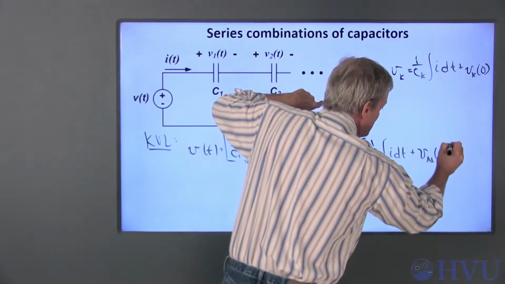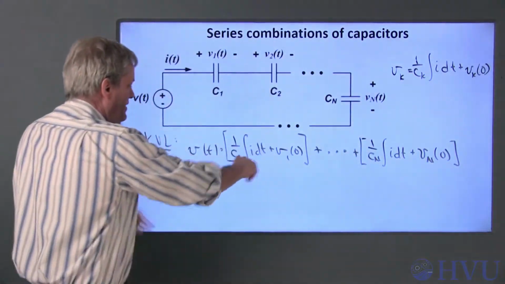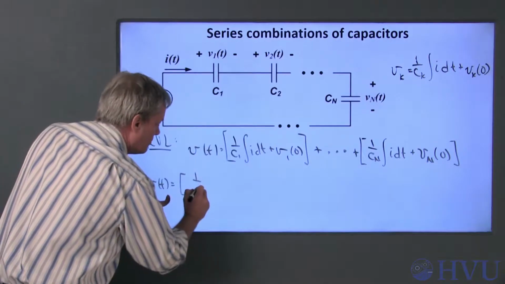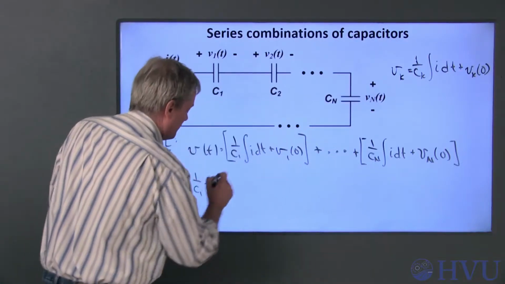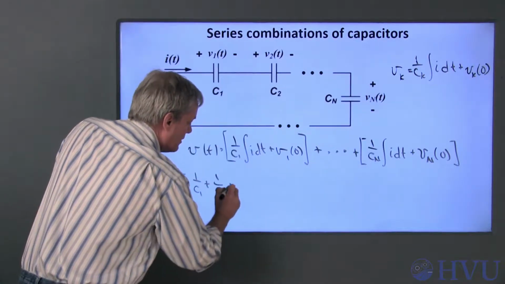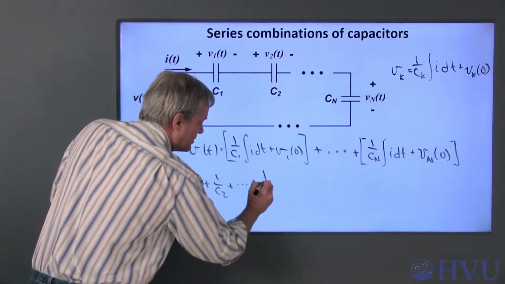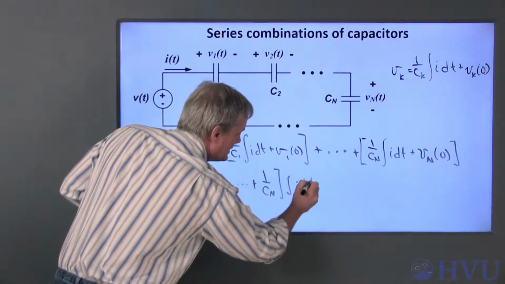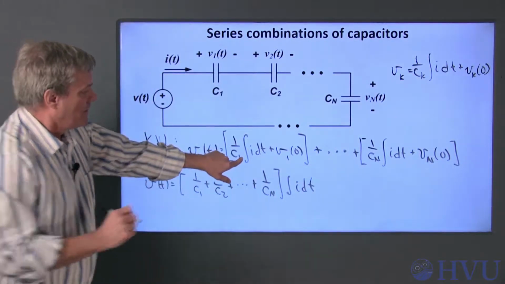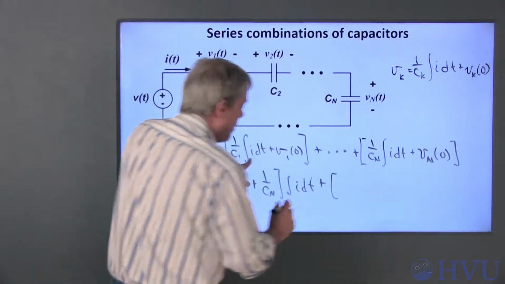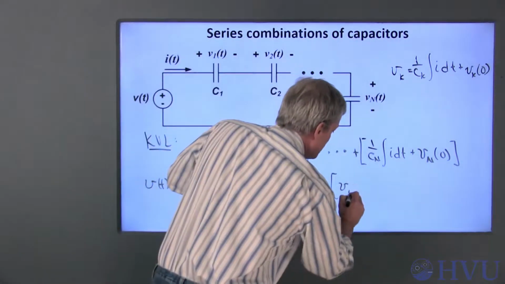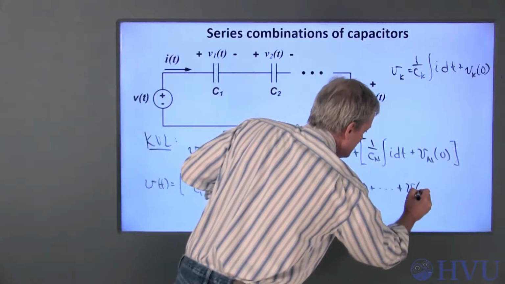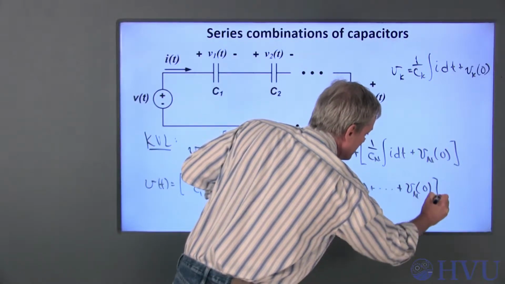If I combine these terms, v(t) is equal to 1 over C1 plus 1 over C2 plus a bunch of other similar terms up to 1 over C_n, times the integral of i dt, plus all of these initial voltages, V1(0) plus a bunch of other similar terms up to V_n(0).